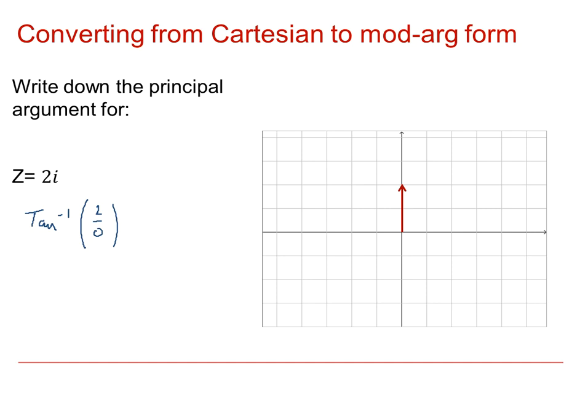So we can use a rather more sensible value, which is to say, well, look, it's on the positive imaginary axis, so this angle here must be equal to pi by 2. So tan to the minus 1 of 2 over 0 is pi by 2, and therefore the argument of z in this case is equal to pi by 2.